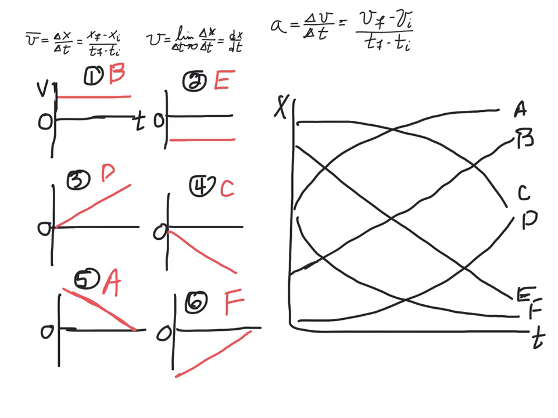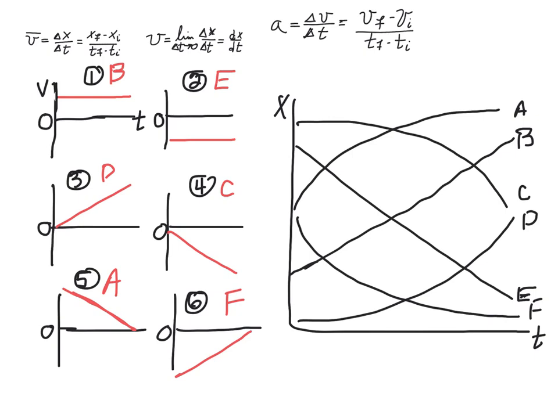And 5 starts at a large positive velocity, which goes to 0. So the slope, right, it's the opposite. The slope is large and positive, and the slope gets less and less and goes to 0.